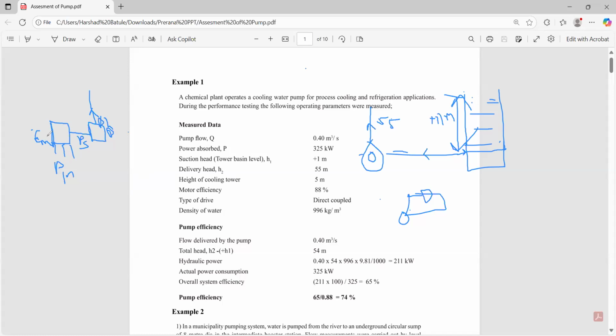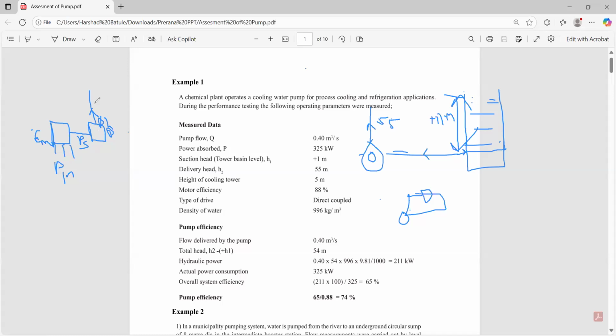So from 325 into 0.88 would be your shaft power. Shaft power is equal to input power into efficiency of the motor. So your shaft power would be 286 kilowatt, and hydraulic power is 211 kilowatt.